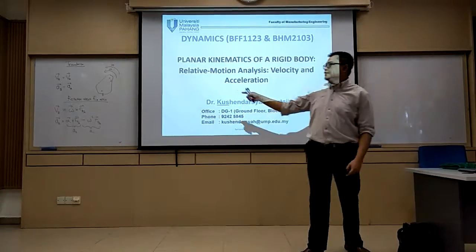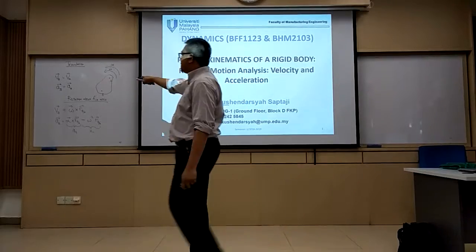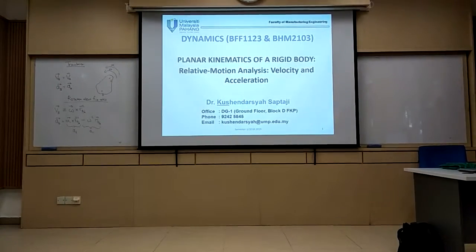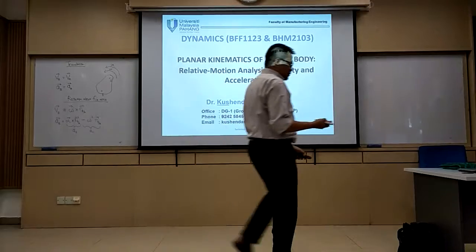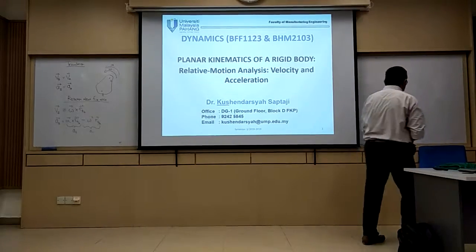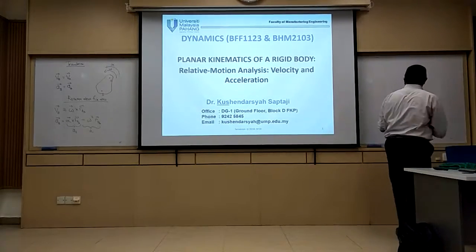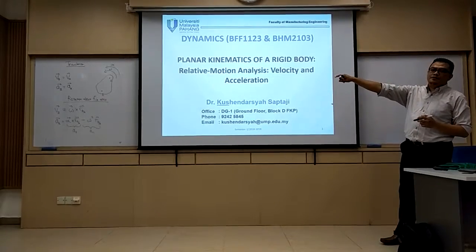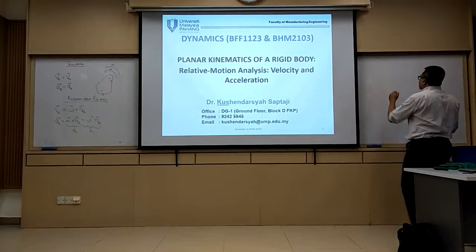What is the difference of the general plane motion? A combination of translation and rotation about fixed axis. So if that is the definition, it means the equation also will be the combination of translation and rotation about fixed axis.